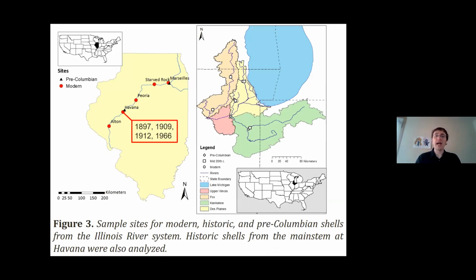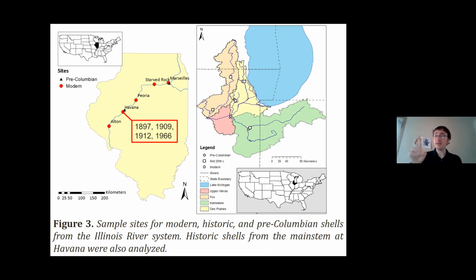And so I have 2 maps. This study was so large, we split it up into 2 papers, one for the main stem of the Illinois River and one for the upper tributaries of the Illinois River. You can see on the left a map from the mainstream paper showing the 5 sites along the river where my colleagues from Illinois Natural History Survey collected mussels in modern times.